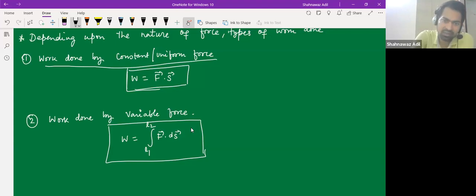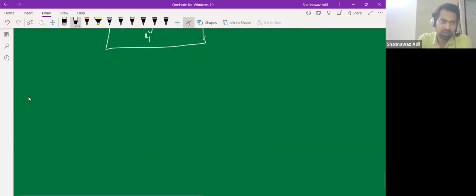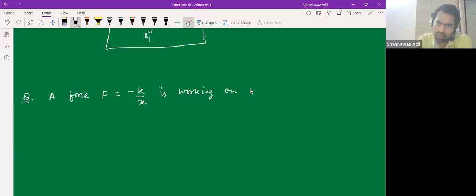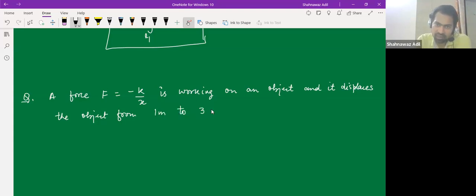So let's say that I give you a force like this. The question is that a force F, which is, let's say, minus K by x, is working on an object and it displaces the object from, let's say, 1 meter to 3 meters.